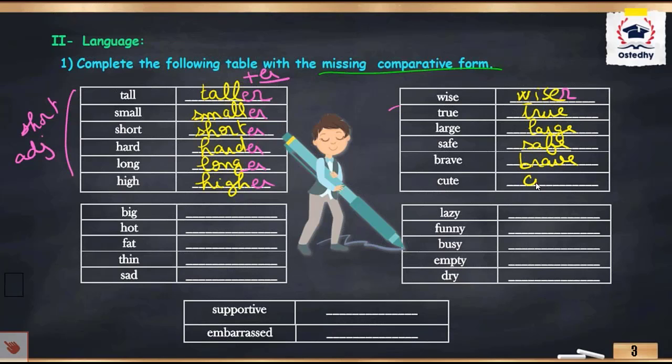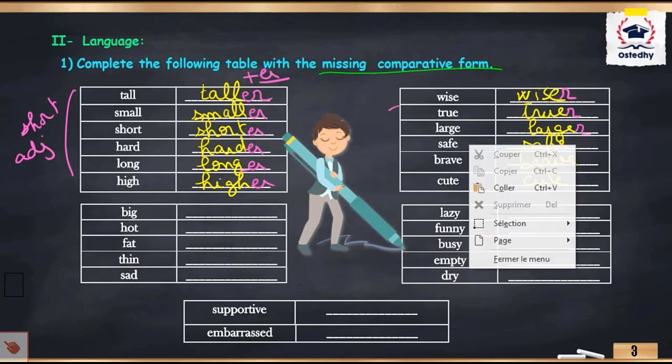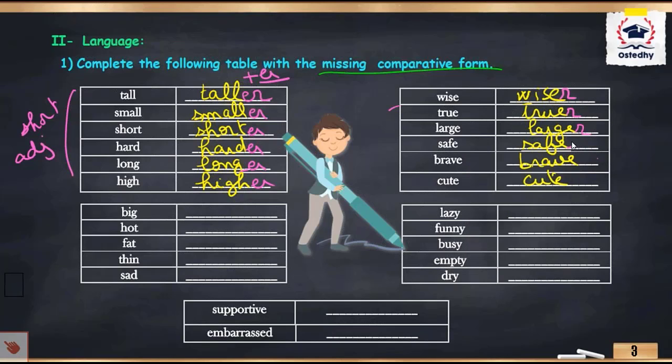Okay. Maybe truer. Yes, that's it. Then large becomes? Larger. Okay. Safe? Safer. Then brave? Braver. Okay. And then? Cute. Cuter. Okay.